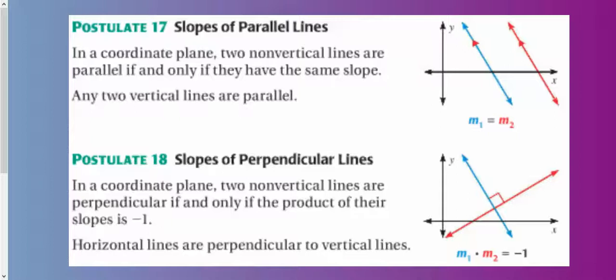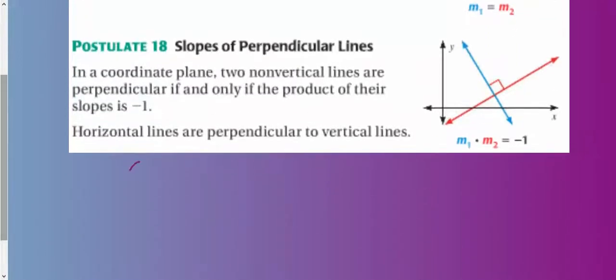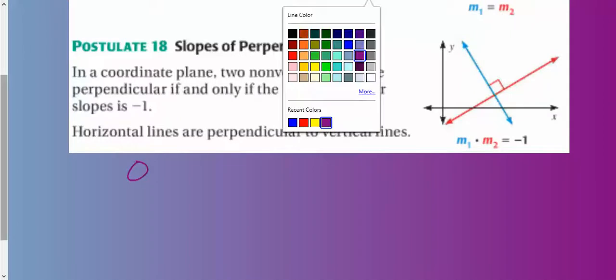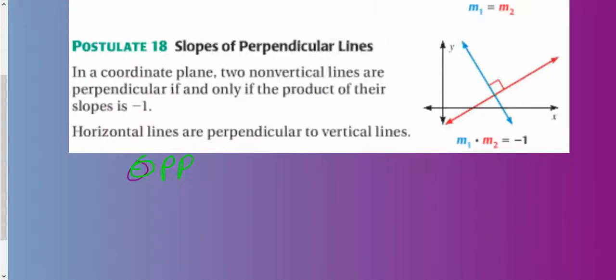And then this is something we've studied before. Slopes of parallel lines are the same, and slopes of perpendicular lines, their product has to equal negative 1. What you guys probably have heard is the term opposite reciprocals. I'm guessing you guys have seen this term. What that means is if one slope is 2 over 3, the other one is negative 3 over 2.